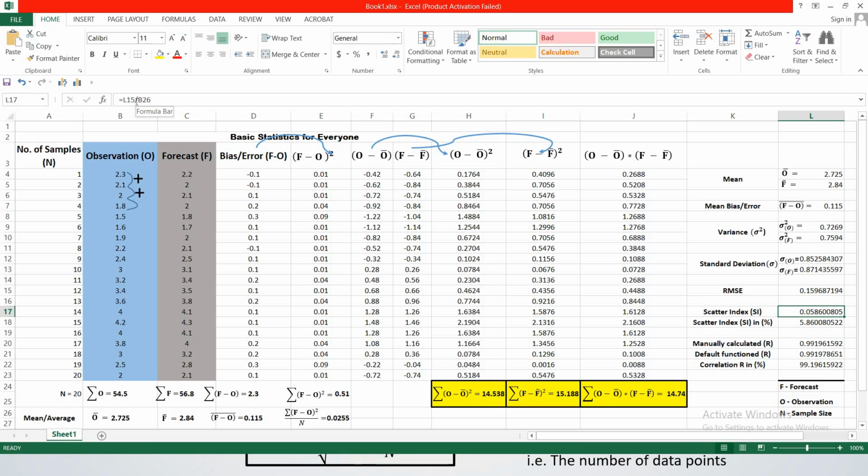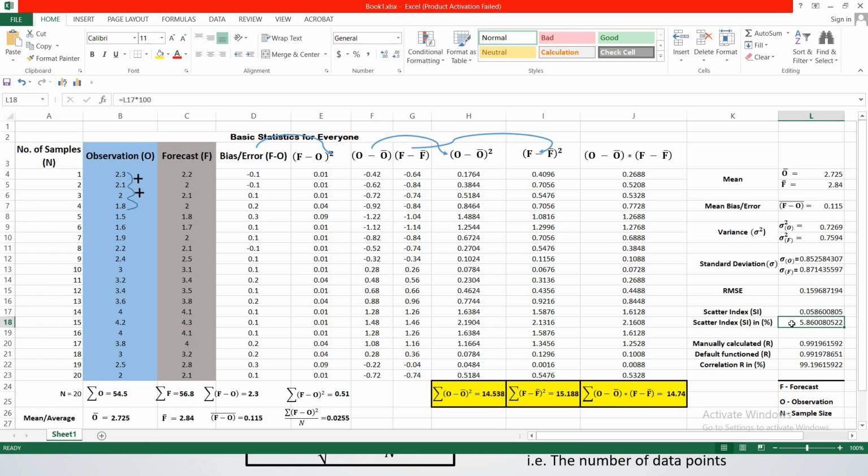L15 divided by B26. What is L15? L15 is nothing but the RMSE. What is B26? B26 is the mean of the observation. So the scatter index is nothing but the RMSE divided by the mean of the observation, that is L15 by B26. So that I got the scatter index value.